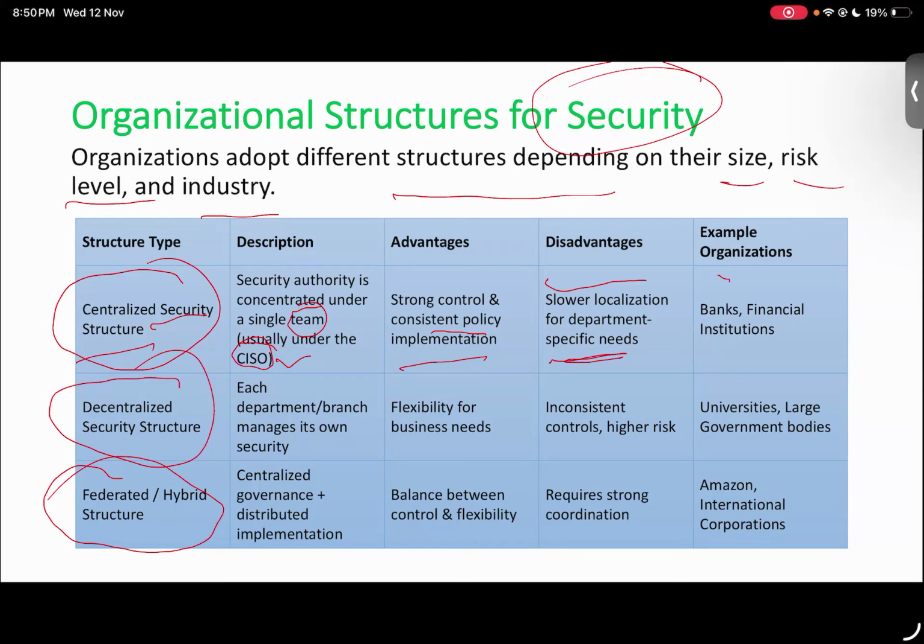As an example, we have banks and financial institutions. The advantage here is strong because of consistent policy implementation from one department, the CISO department. And why is it a disadvantage? Because there are various departments across the globe, so passing that information and making them understand becomes a slow process.